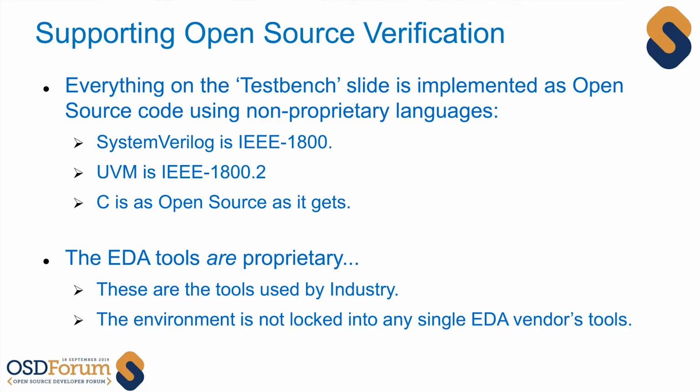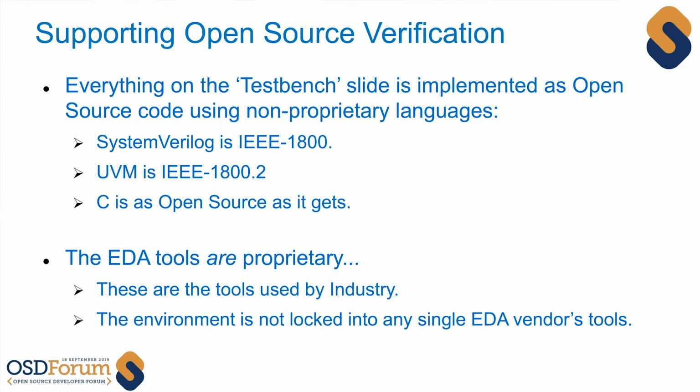Okay, so I wanted to bring this back to the tools. Everything on that test bench slide I showed you is implemented as open source code, right? So the code is open source using non-proprietary languages, but the tools that run them are proprietary tools, right?